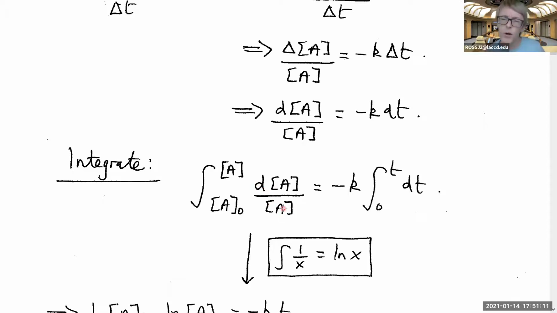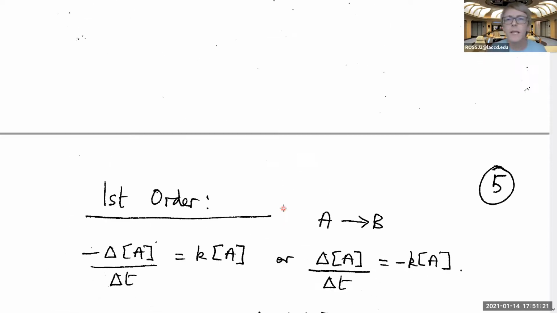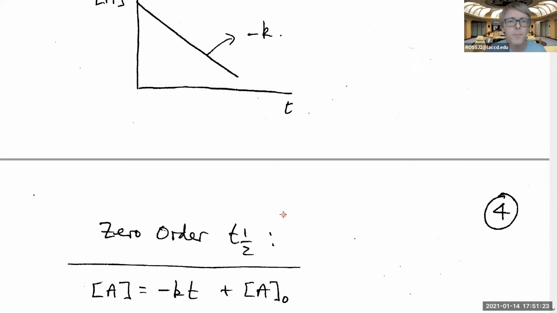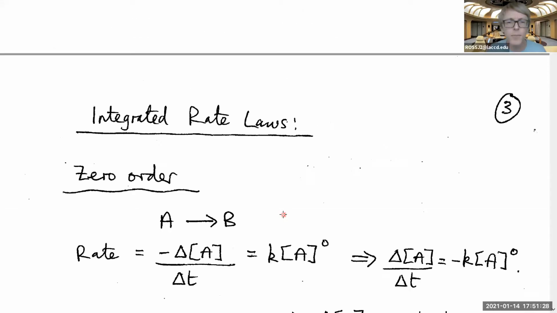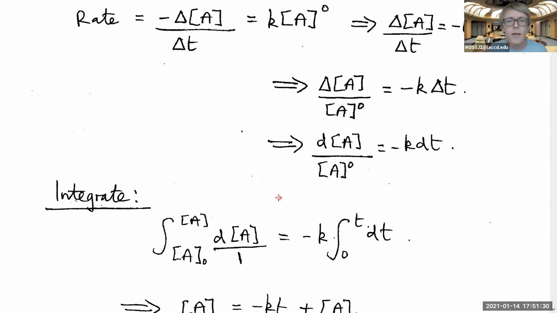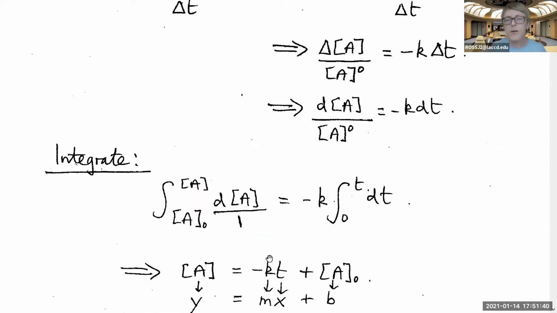With the zero order process, you probably guessed that the denominator was 1 because A to the 0 is 1, right? So I don't know how clear I made that. Let me go back, just in case I skipped over that too quickly. Yeah, here I've got this A to the 0, it became 1. So that's why I just had one of these, and that's why I just looked at the extremes.